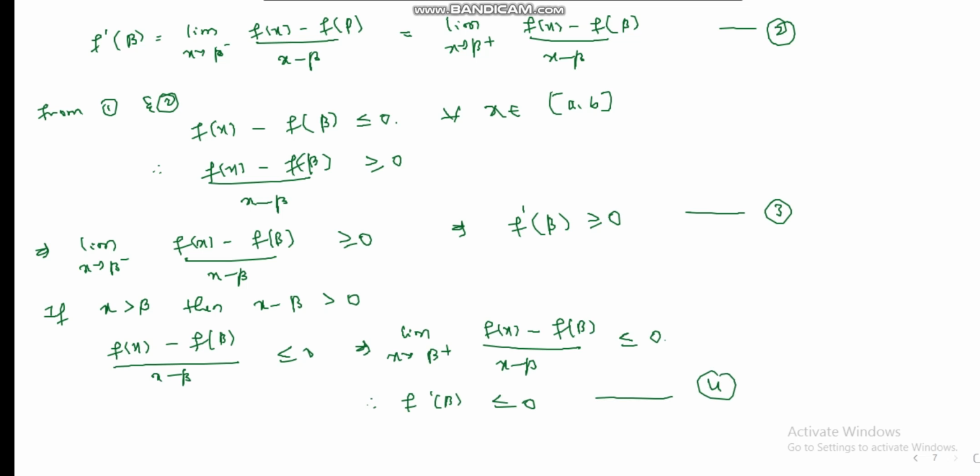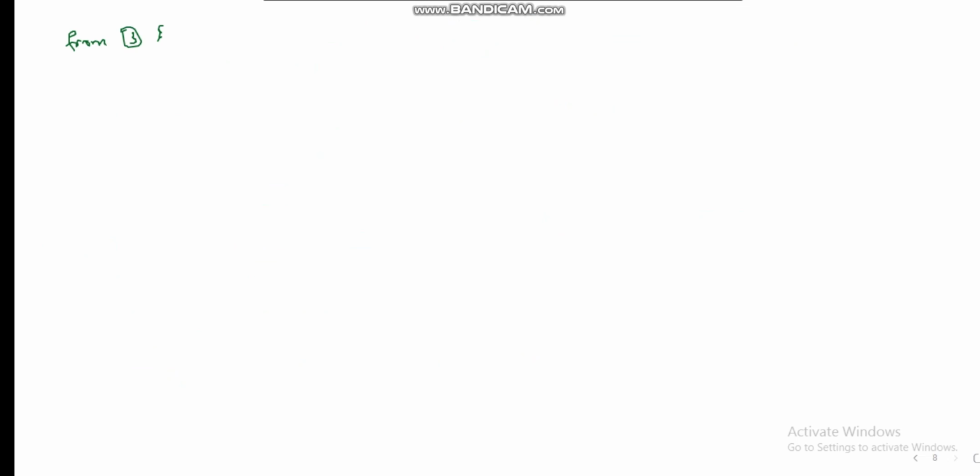From 3 and 4, we can write that f dash of beta is greater than or equal to 0, and f dash of beta is less than or equal to 0.